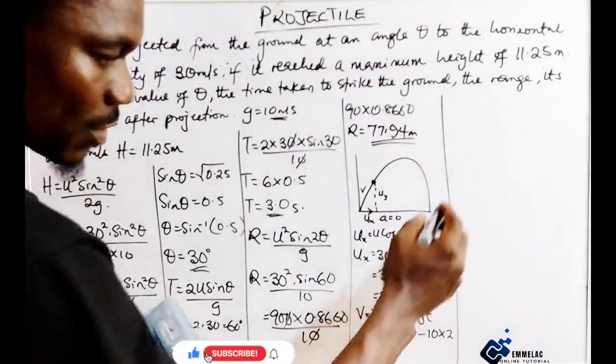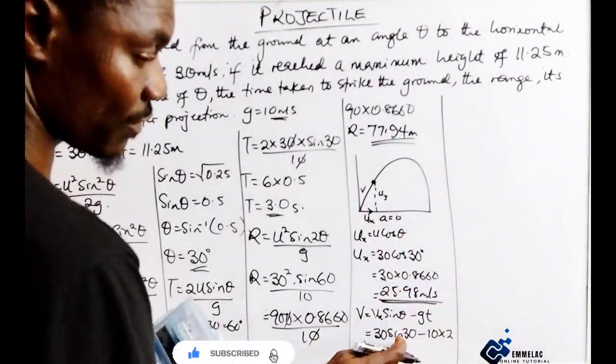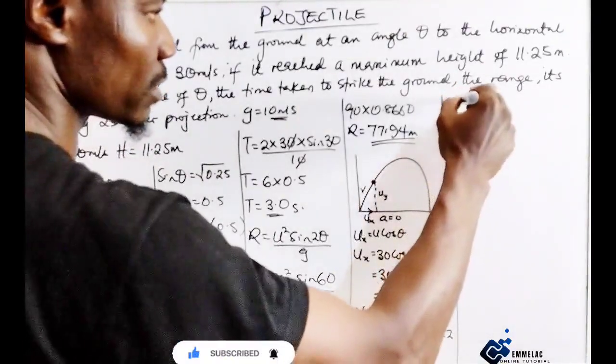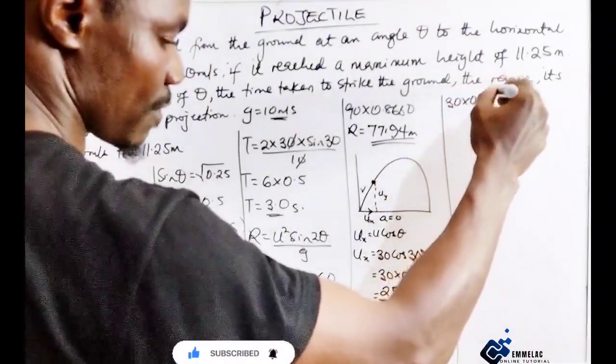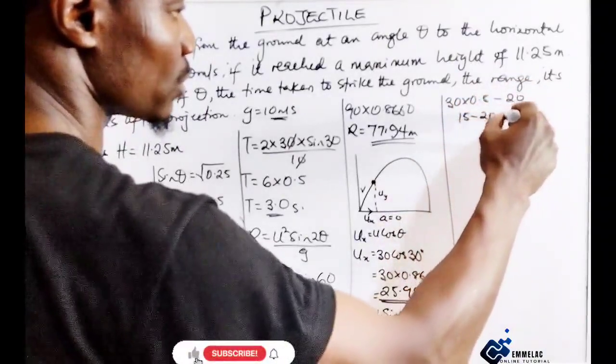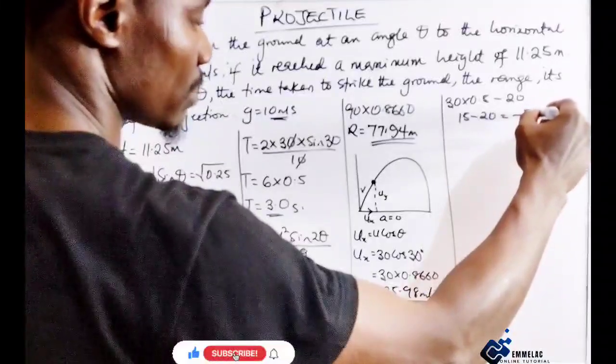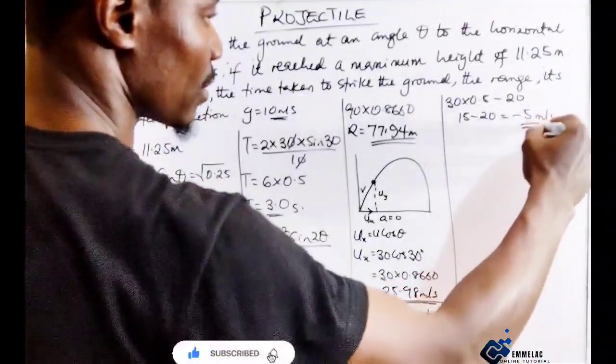Sine 30 gives us 0.5, so 30 times 0.5 minus 20. So we have 15 minus 20, which gives us minus 5 meters per second.